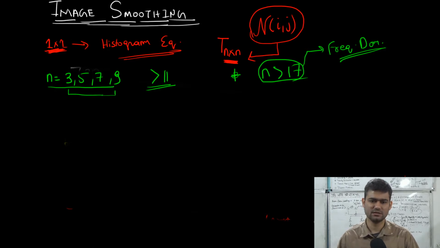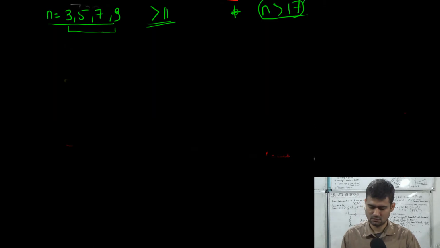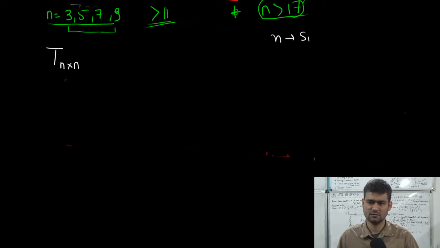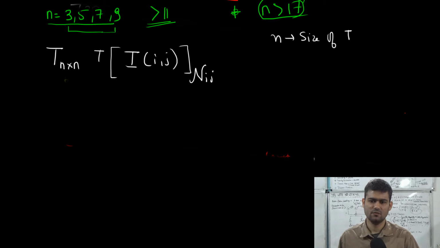So we'll be discussing filters of size n cross n, where n is the size of the filter. They take the neighborhood of a pixel into account, so they operate on a pixel i comma j by taking the small neighborhood of the pixel into account, denoted by N_ij, where N_ij is n cross n.